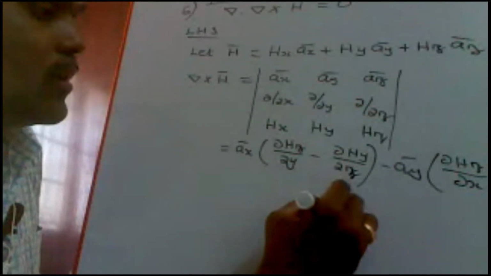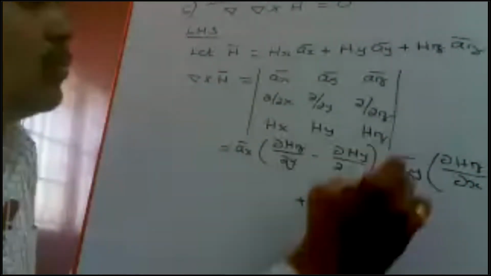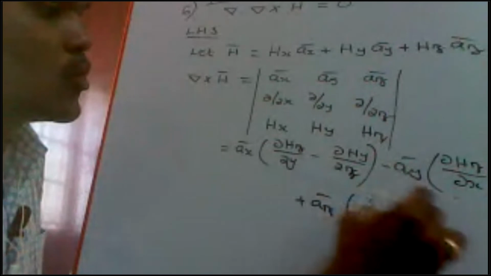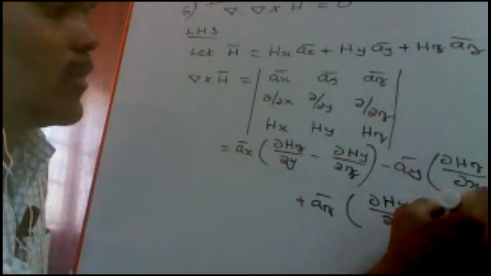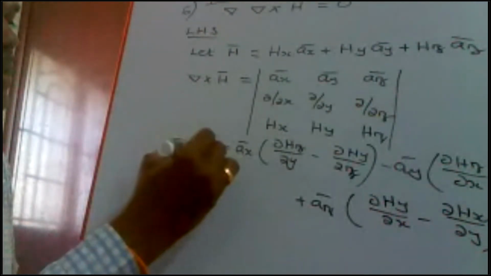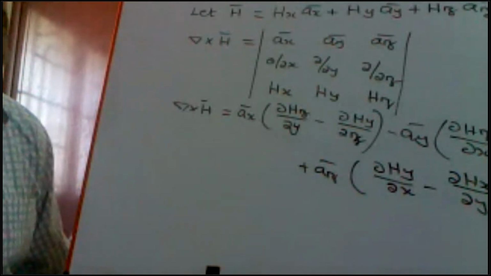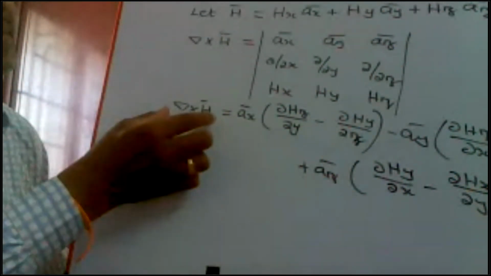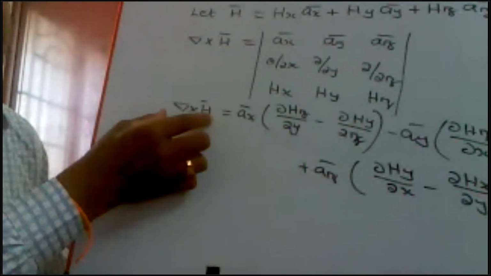This is the second term, and the third term is plus az into dou hy by dou x minus dou hx by dou y. So this is del cross h vector. Any doubt in this? If you have any doubts, ask me.